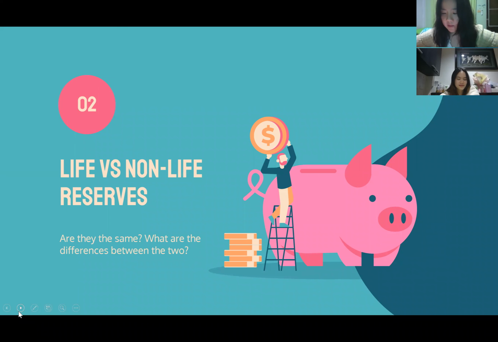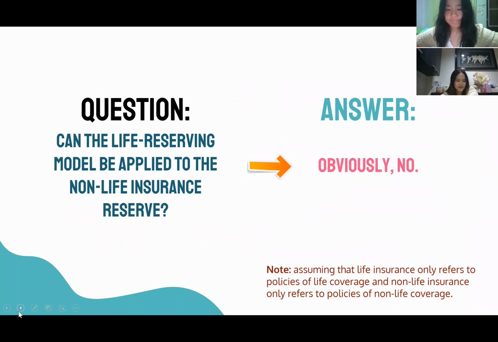Well, since we already know what reserves are, the next question is, are life and non-life reserves the same? And if not, what's the difference? Can the calculation method be applied to one another? The answer is that the calculating methods for life insurance and non-life insurance cannot be applied to one another.